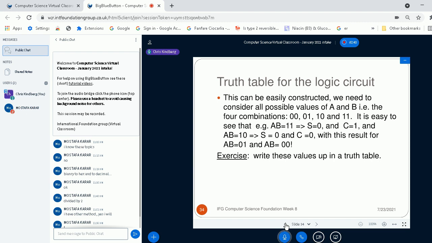It's easy to see that if AB is 1, 1, then S is 0 and C is 1. And if AB is 1, 0, S is 1 and C is 0.